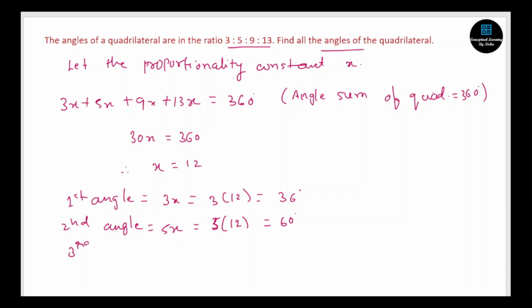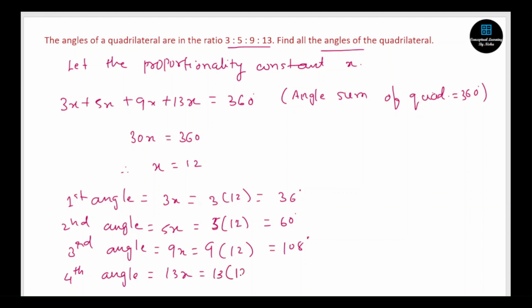Third is 9x, which is 9 times 12, which is 108 degree. And the fourth angle is 13x, which is equal to 13 times 12, 156 degree. So we found all the angles of the quadrilateral.